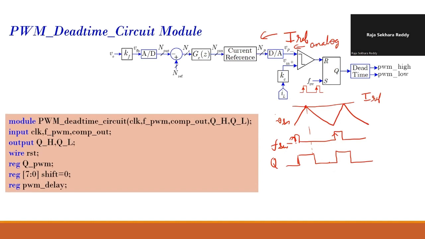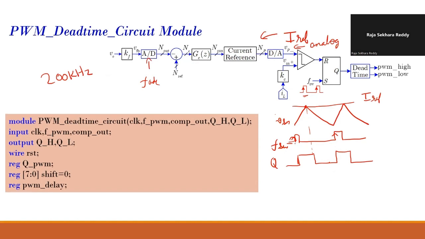Earlier we were comparing with the counter. Now the set pulse comes from my clock. I told you how you generate a clock for the ADC, but this FSW you will also generate. It will come out to be 200 kilohertz.